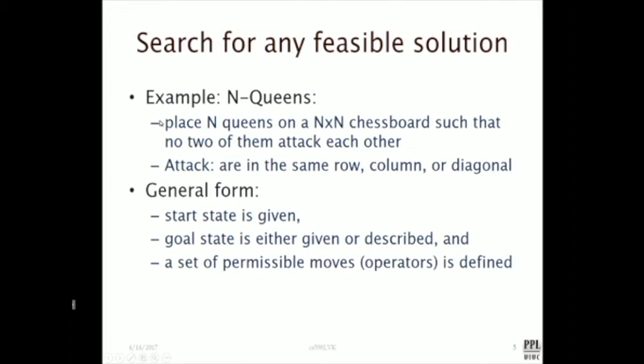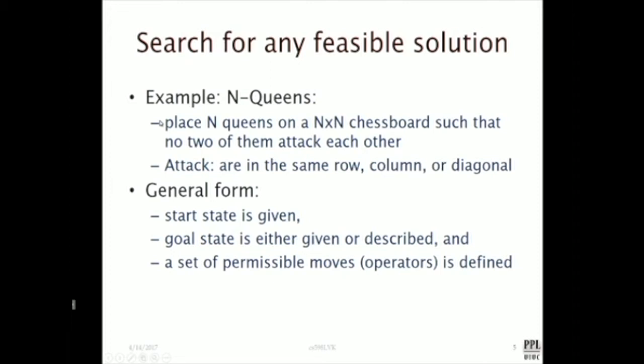So let's say you have an n by n chessboard, and you want to place n queens on it. A queen is a piece that attacks along straight lines, along the rows, columns, or diagonals. And so you want to place them such that they don't attack each other, n of them. That means every row must have one, every column must have one, because otherwise n won't fit into n.